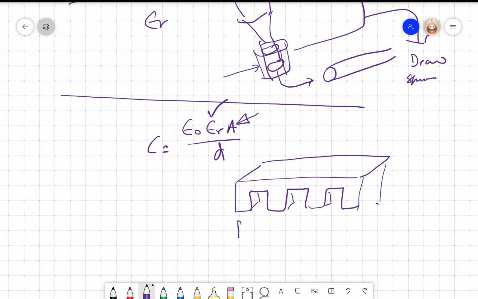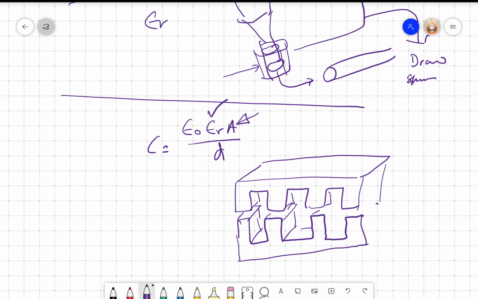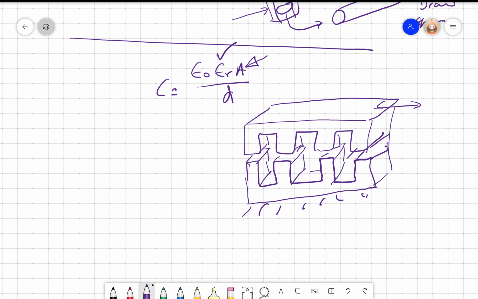So I also have another structure. Okay, this again, two, let's say, serrated plates, right? So you fix one of them and move the other, right? I'm going to take only one teeth, right?